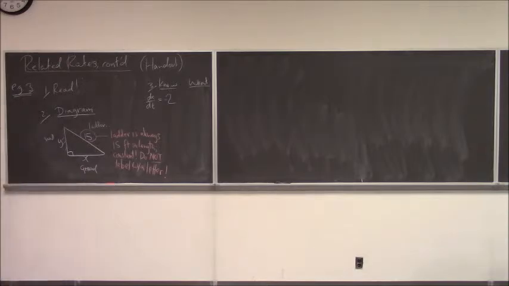So you have to be aware of your picture also, as to how these variables are actually moving in the situation. The x is getting bigger, the y is actually getting smaller, and knowing that is going to be important. That's also going to be important for knowing whether your answer makes sense or not. So what we're after here is the rate of change of y, and from this situation, what would you expect that answer to be, positive or negative?